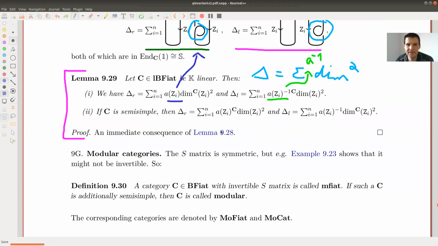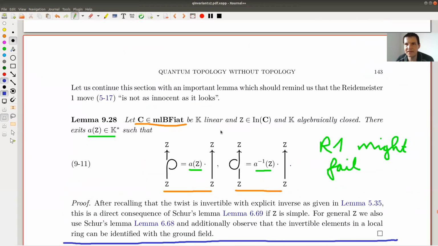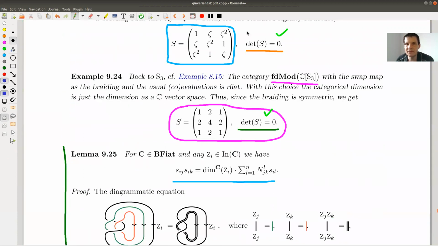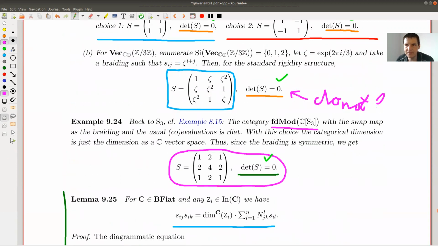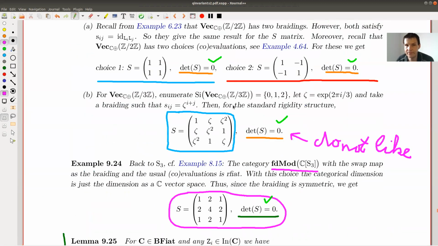Okay, so let's discuss modular categories. That's the final thing I want to do, basically. So this is kind of the crucial thing. That's something we don't like, because it's kind of saying that the braiding is trivial.